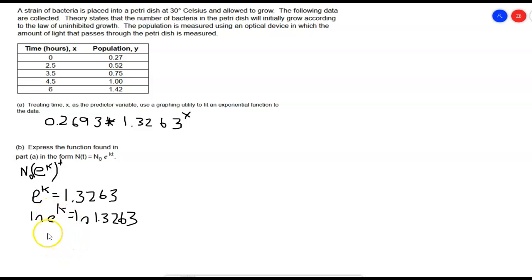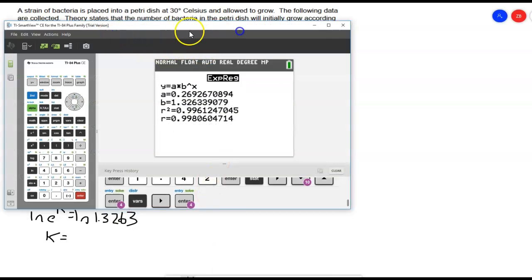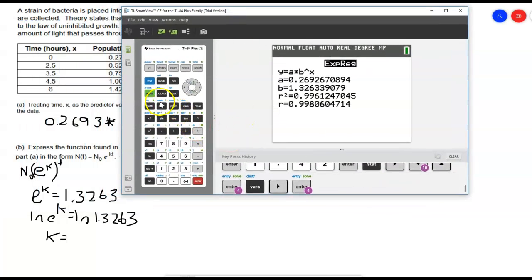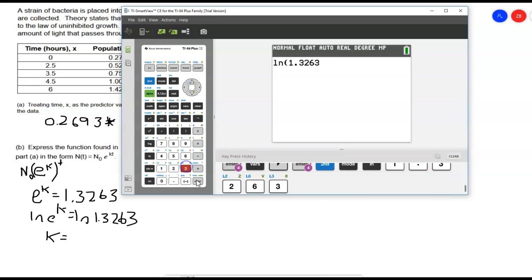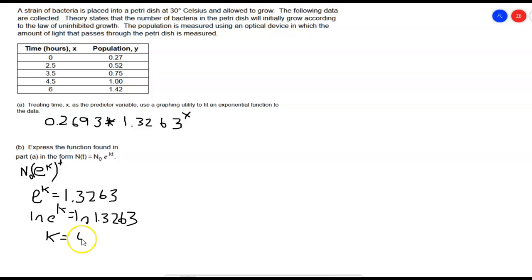They cancel out. So I'm going to get k is equal to the natural log of that. Let's figure that out to 4 decimal places: natural log of 1.3263, and we get 0.2824.